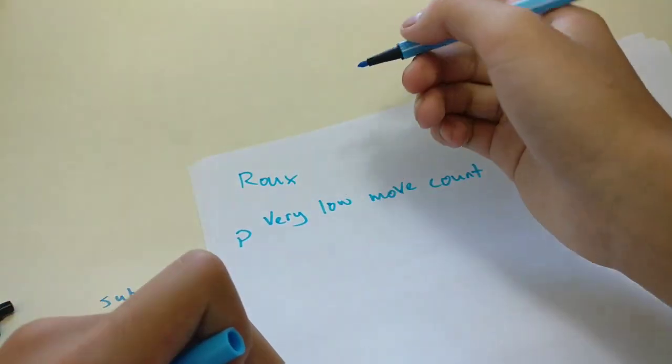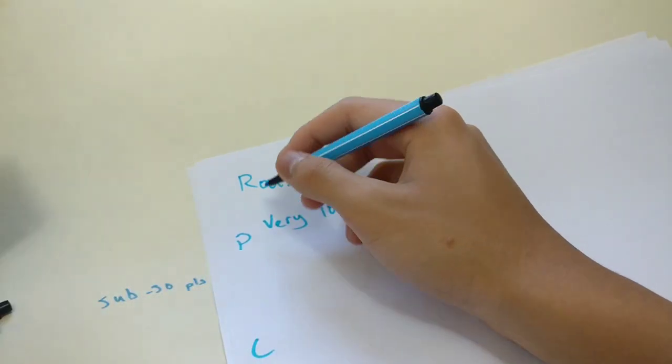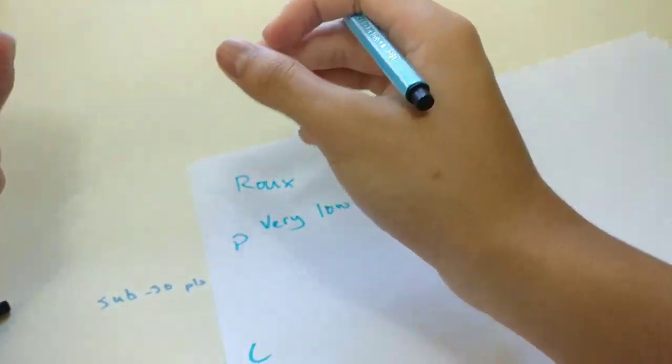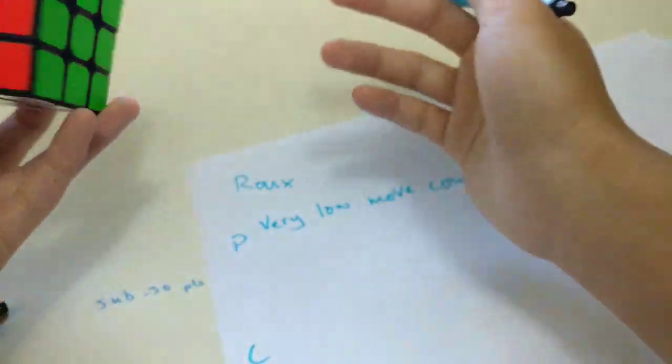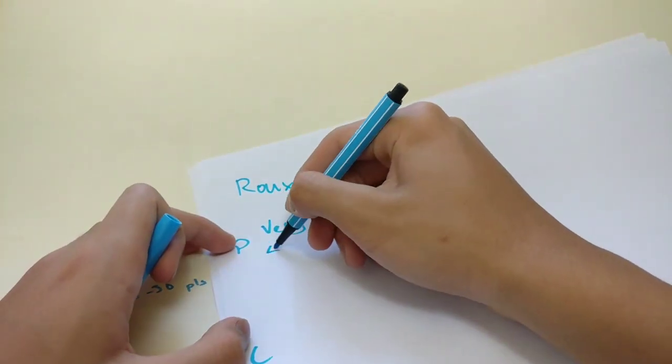And it's also full CMLL, so full top corners. The corner permutation and orientation is not that difficult to learn. It's just 40 algs.